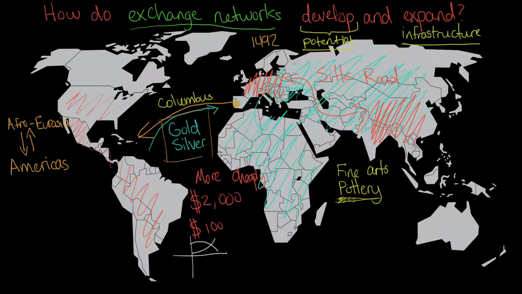And so let's look at what happened. At first, the Silk Road did not have much infrastructure. You could call it a silk trail, but there was this great potential. Europeans wanted what the Asians had, and because the Europeans wanted what the Asians had, they were willing to pay the Asians, give them things.